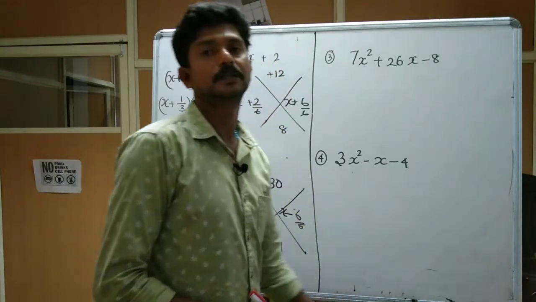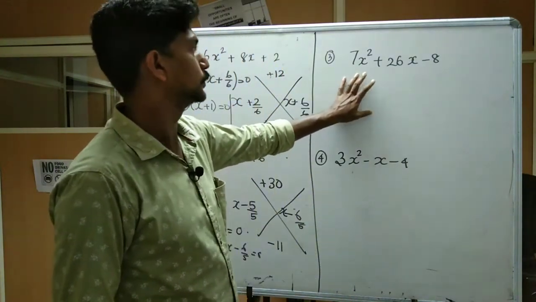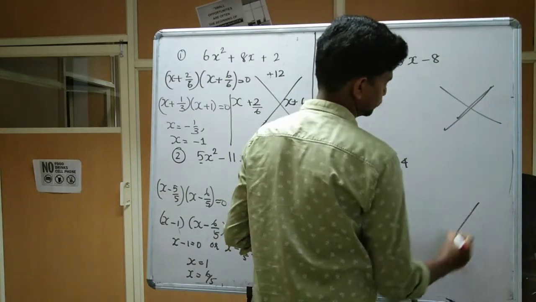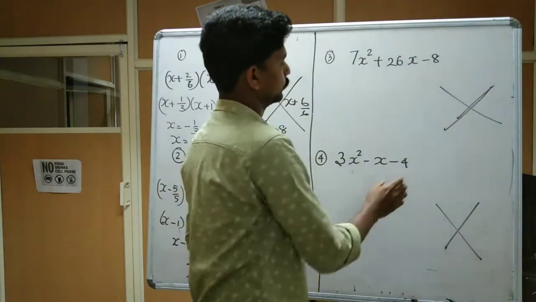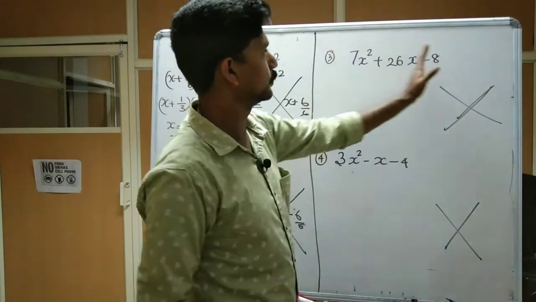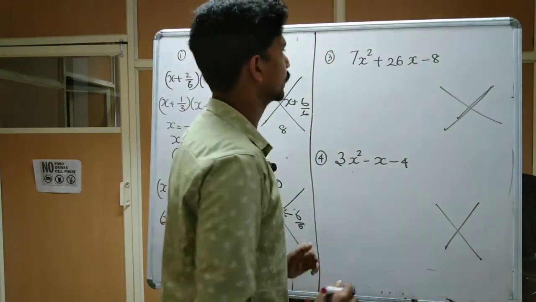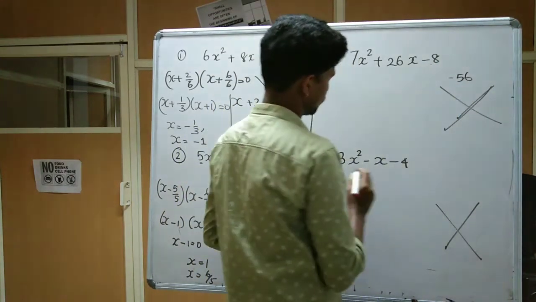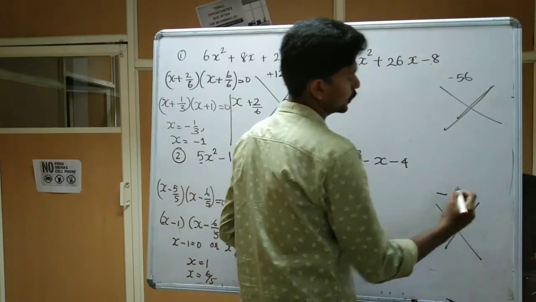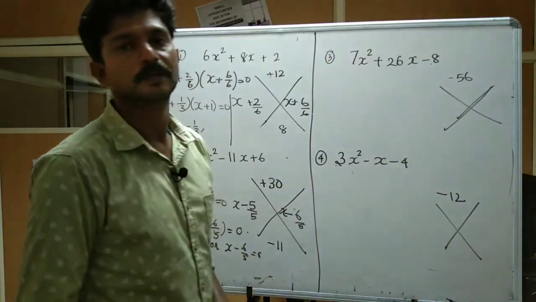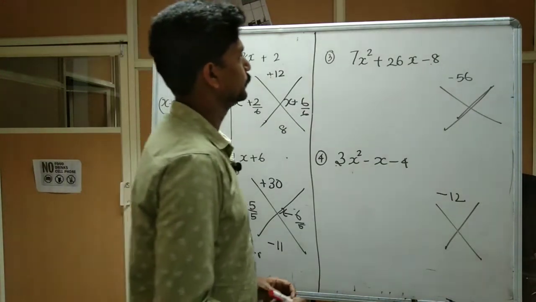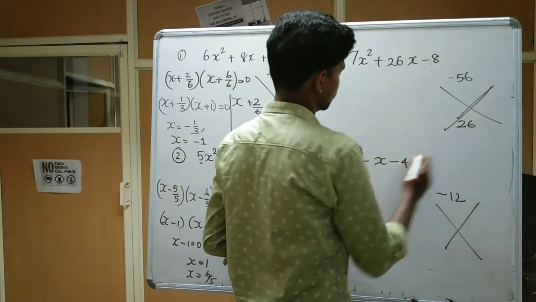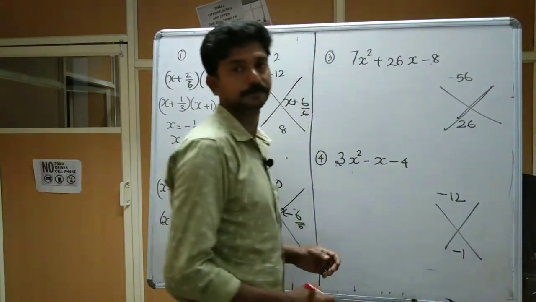Next, we have to find the zeros for this one. In the next type, the third and fourth, when we multiply, the product will be negative. For example, 7 into 8, minus 56. Same way 3 into minus 4, minus 12. So here the product is negative. And what is the sum? Here the sum is 26, and here the sum is minus 1.